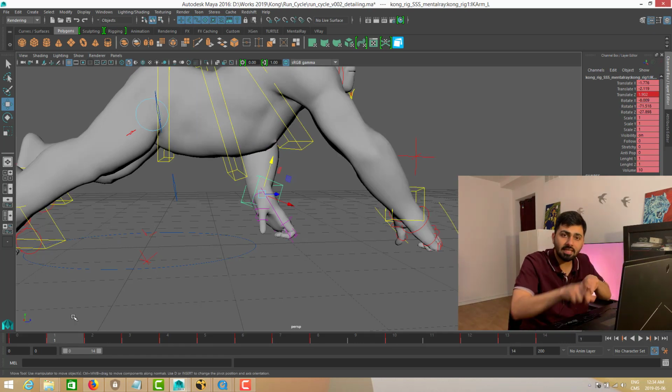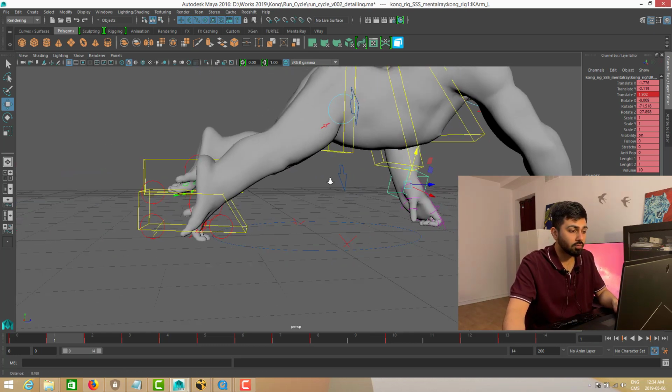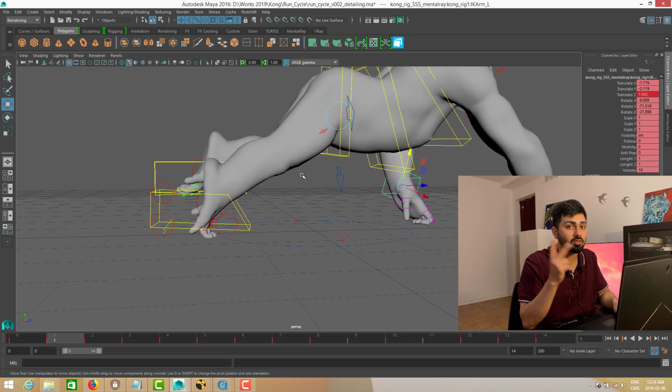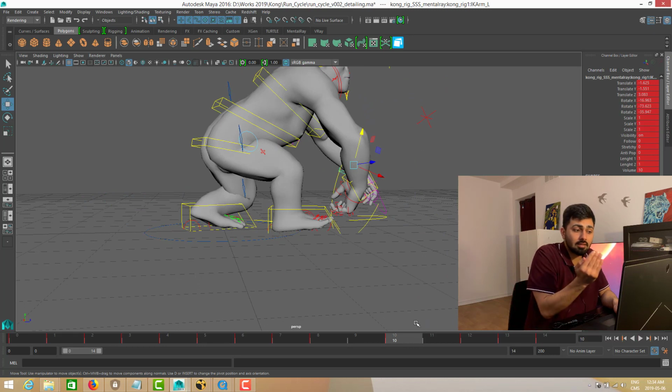So there is an offset in both the hands, and even in the feet there is an offset of 2 frames. Basically they are doing the same thing, but with a gap of 2 frames.